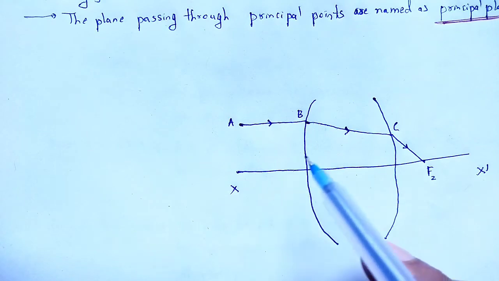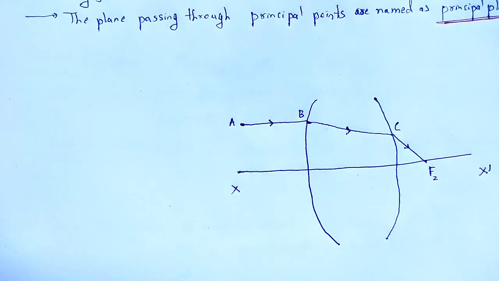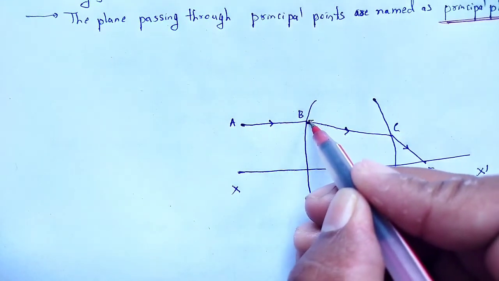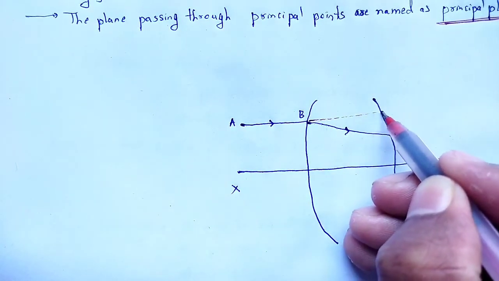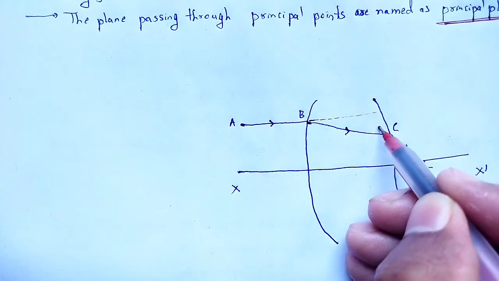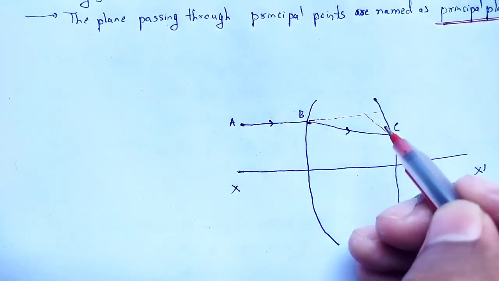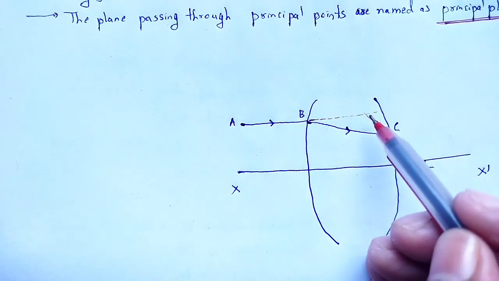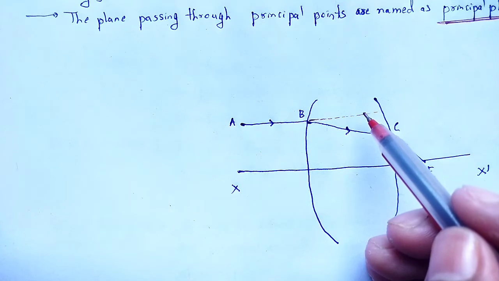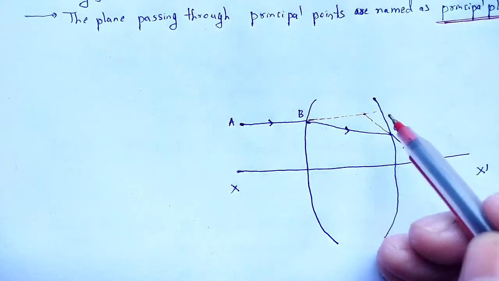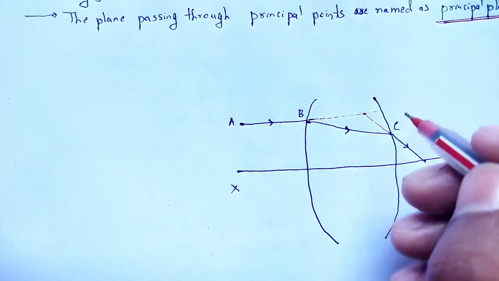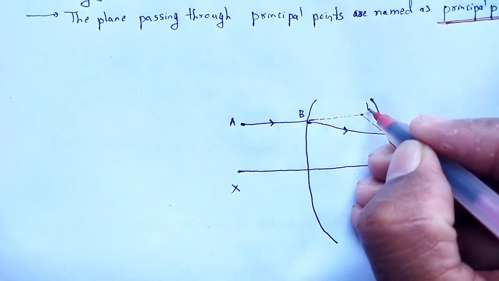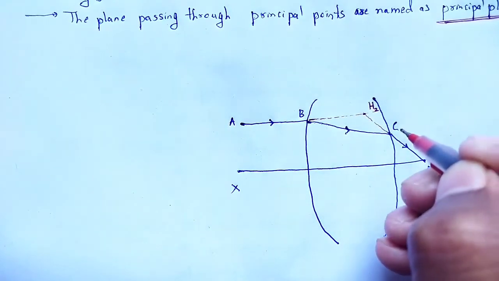The incident ray and the emergent ray intersect at the point S2.